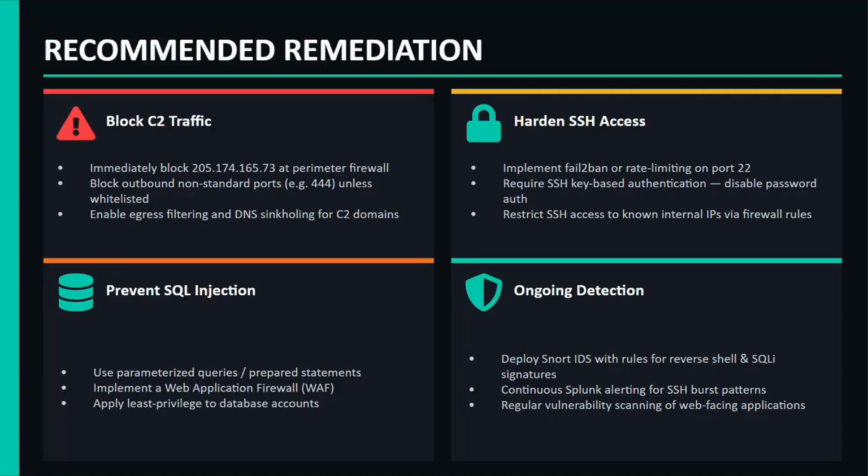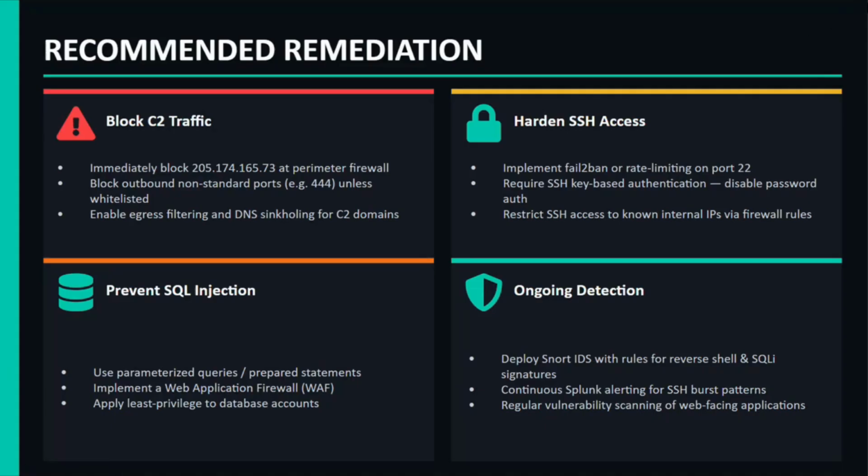So we would, for example, block C2 traffic by blocking the suspicious IP addresses listed at the perimeter firewall. We will also block outbound non-standard ports like port 444 unless they're specifically approved. Enable egress filtering or a DNS sinkhole to stop communication with the command and control.